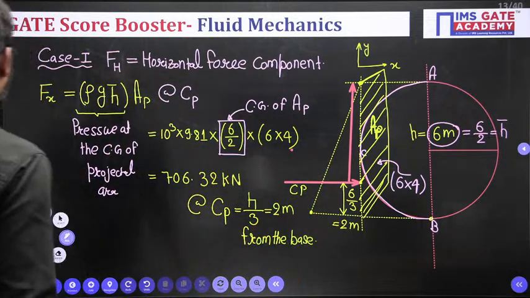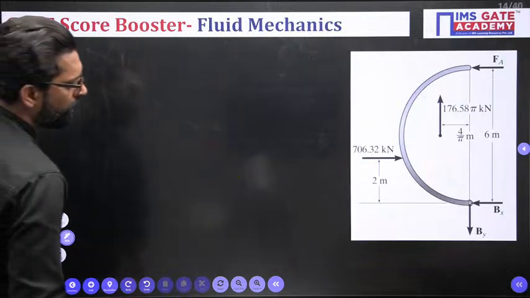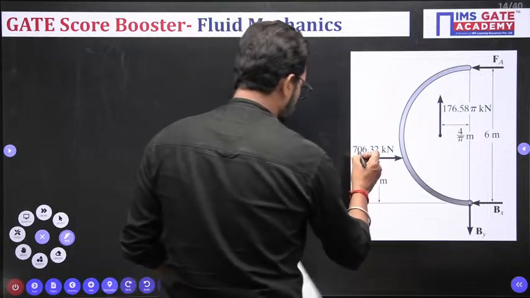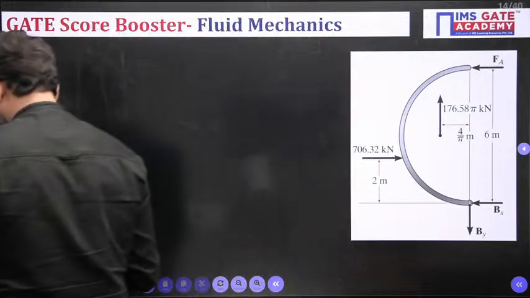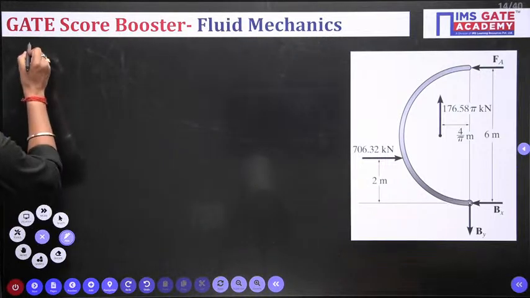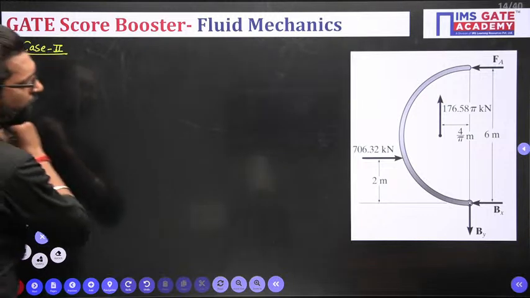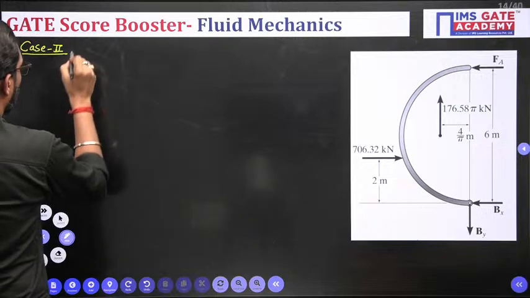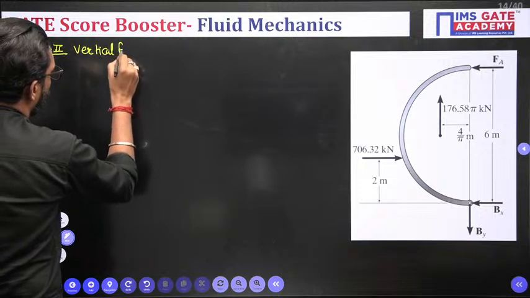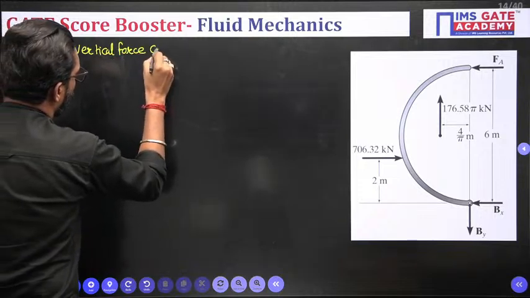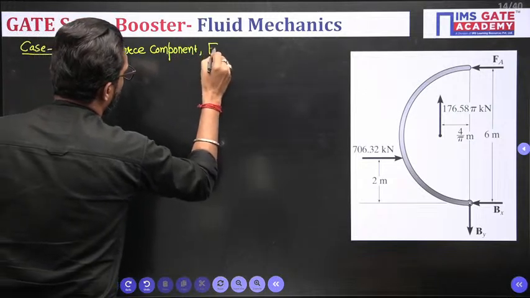Okay. Now, what is the vertical force? Case 2. We have found the horizontal force, 706.32 kilonewton. Now we have to find the vertical force component, that means Fy.